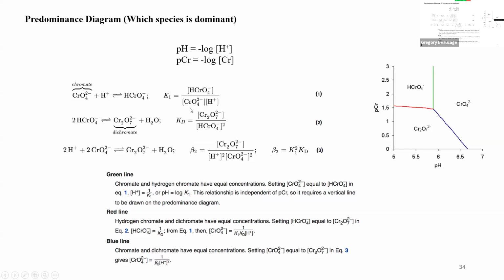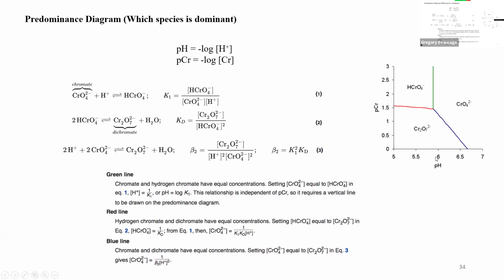And when your reaction constant is 1, then those things are equal. So you'd have equal hydrogen chromate and chromate. When K is 1, that's the green line. If you make K of 1, you find out that the acidity has to be 1 over K1, because there's only one parameter left in the equation. And basically that's the green line here.